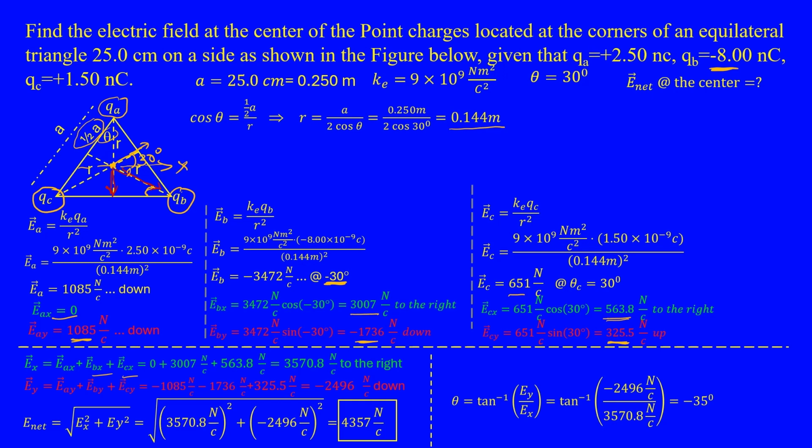That is tan inverse of negative 2,496 newton per coulomb divided by 3,570.8 newton per coulomb, and that yields negative 35 degrees. So the net electric field due to all these charges will be slightly larger in angle than 30 degrees, and that's negative 35 degrees from the positive x-axis. And the magnitude will be 4,357 newton per coulomb.